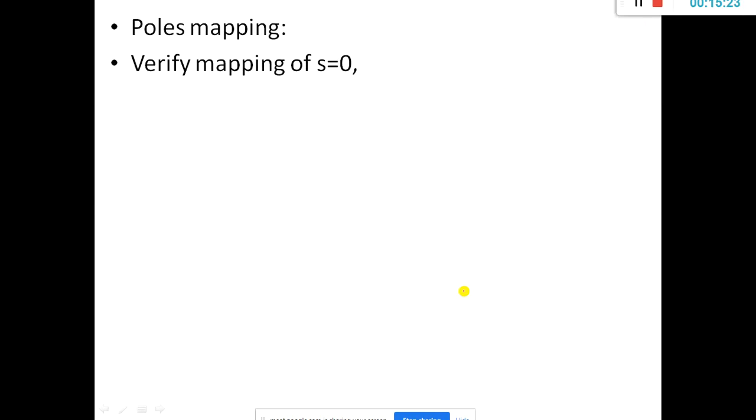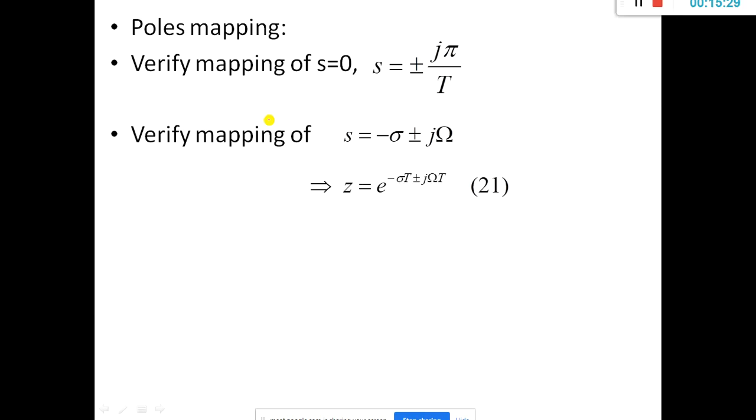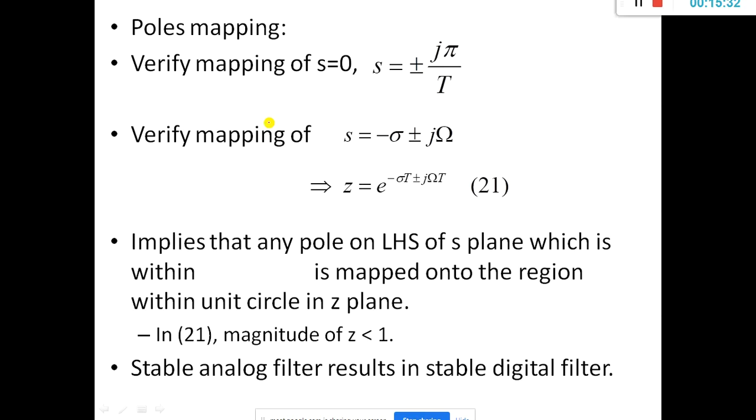So just look at this. I will be verifying the poles mapping, and you will probably understand this in a much easier way. What happens when we put s equal to 0, and how do we verify this? Let me take this up with one blank slide and explain it here.